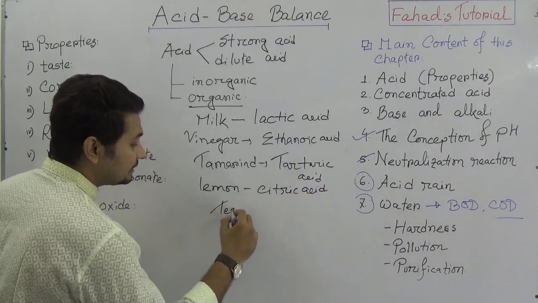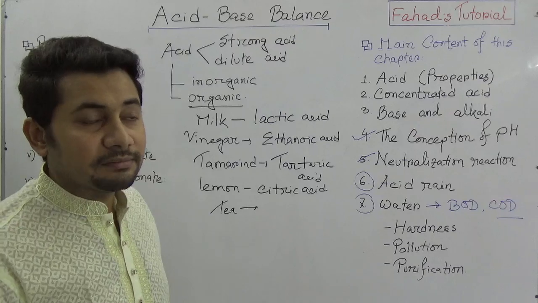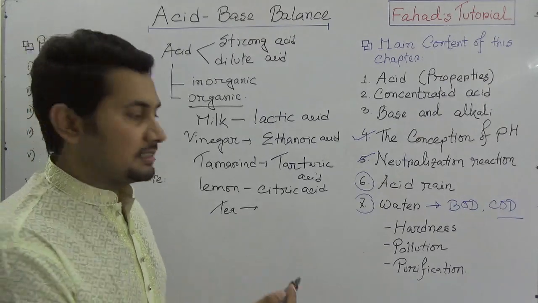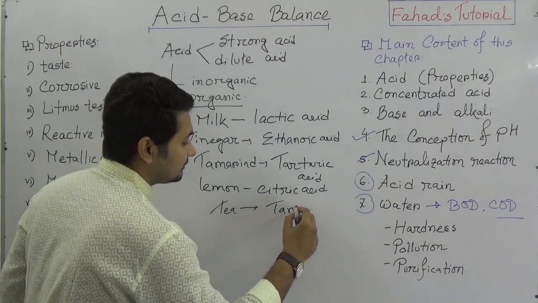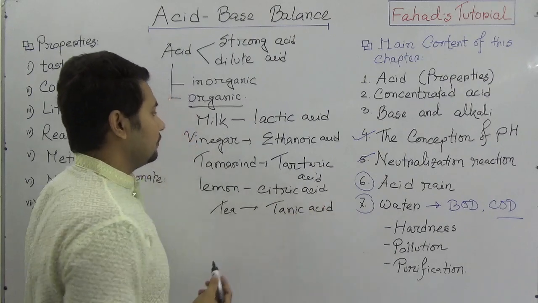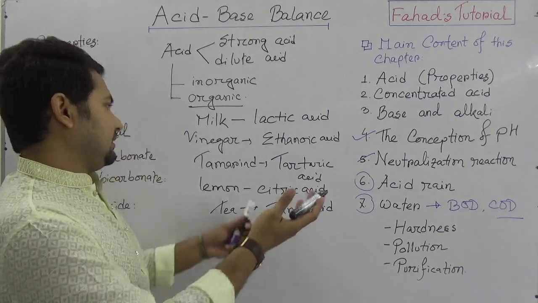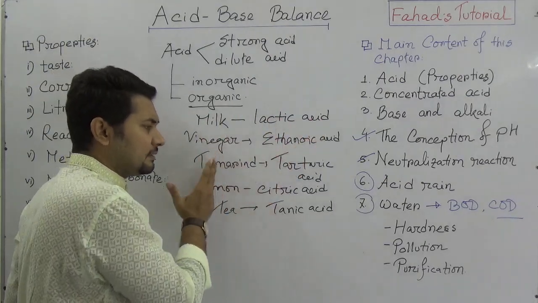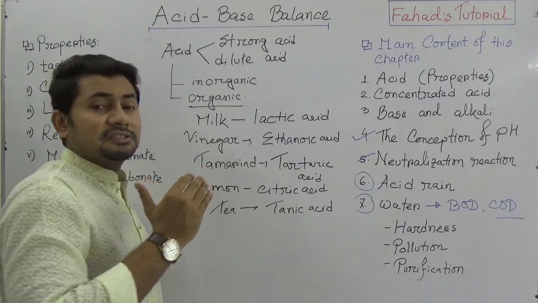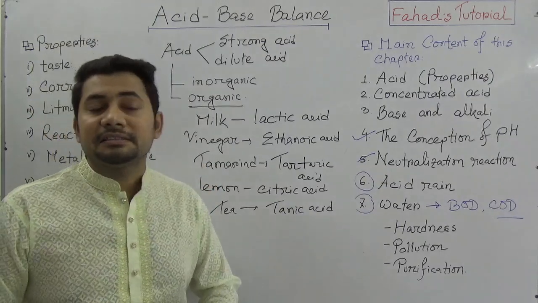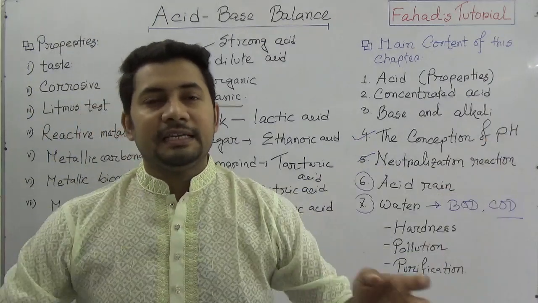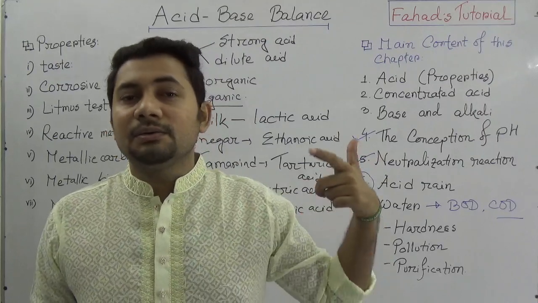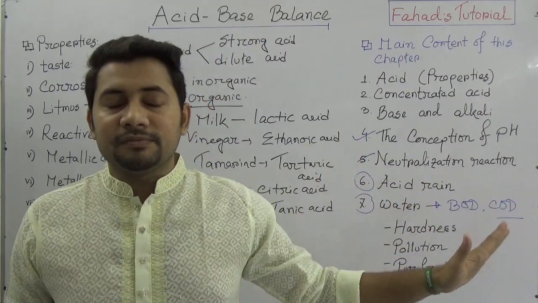In tea, which we love in day-to-day life, we have tannic acid. So in milk, lactic acid; vinegar, ethanoic acid; tamarind, tartaric acid; lemon and orange, citric acid. Even there are some other acids like palmitic acid, oleic acid, a number of things.